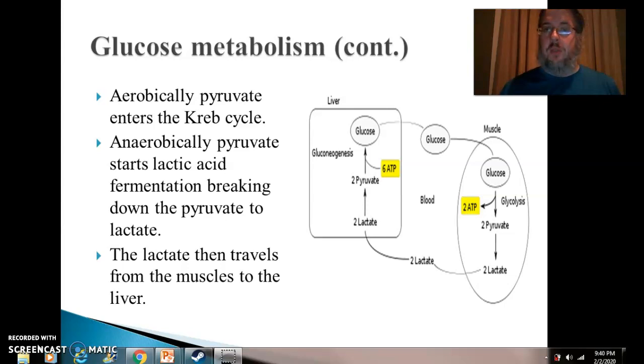From there, the pyruvate is used to form lactate, which then travels to the liver, where it is processed further.